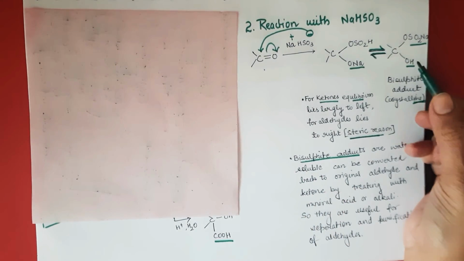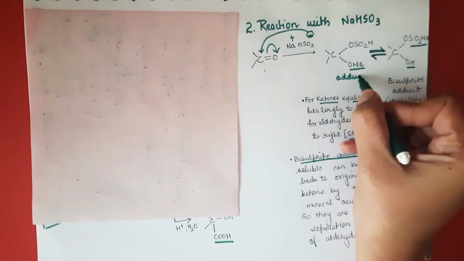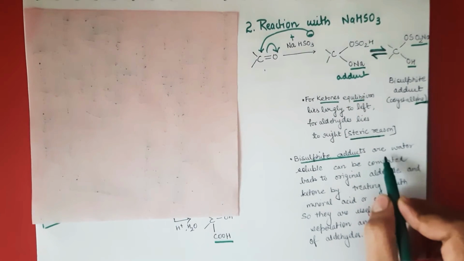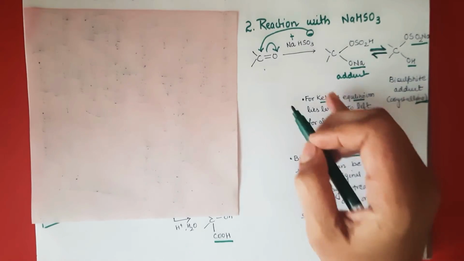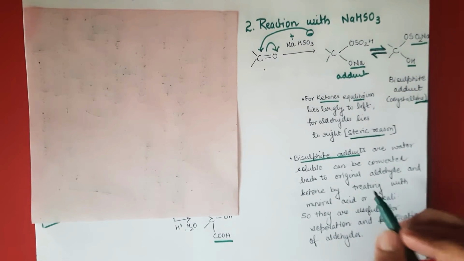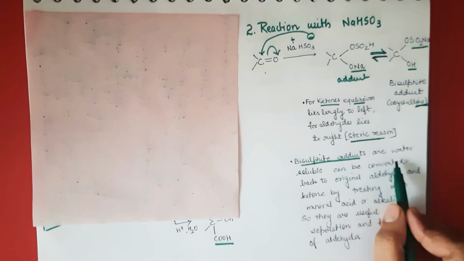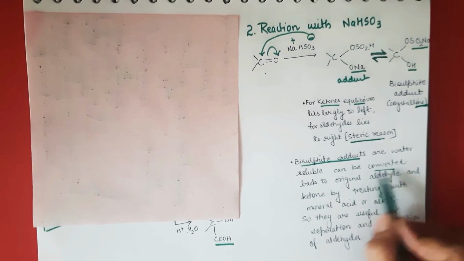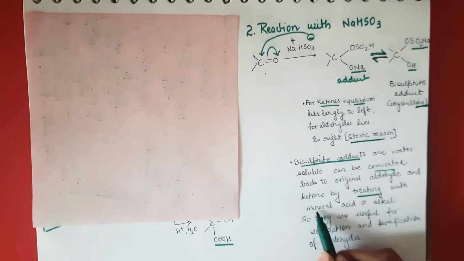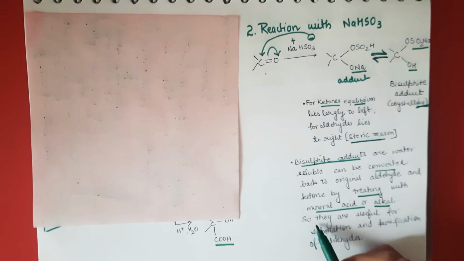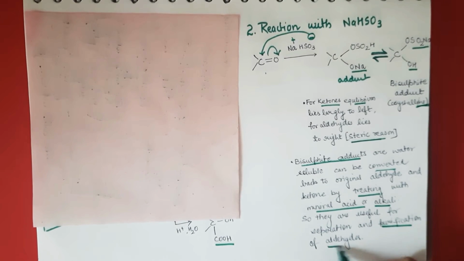This bisulfite adduct is an adduct. This is also an adduct. Bisulfite adducts are water soluble and can be converted back to the original aldehyde and ketone by treating with mineral acid or alkali. So they are useful for separation and purification of aldehydes.